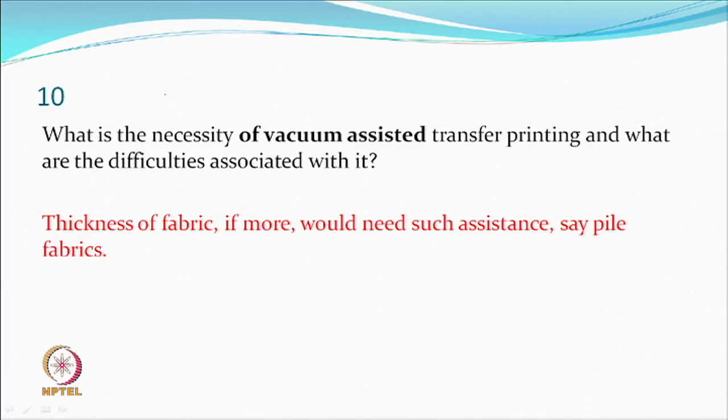So, thickness of the fabric is one reason you may want it, particularly if it is a pile structure like carpets, rugs, and even non-wovens for that matter.